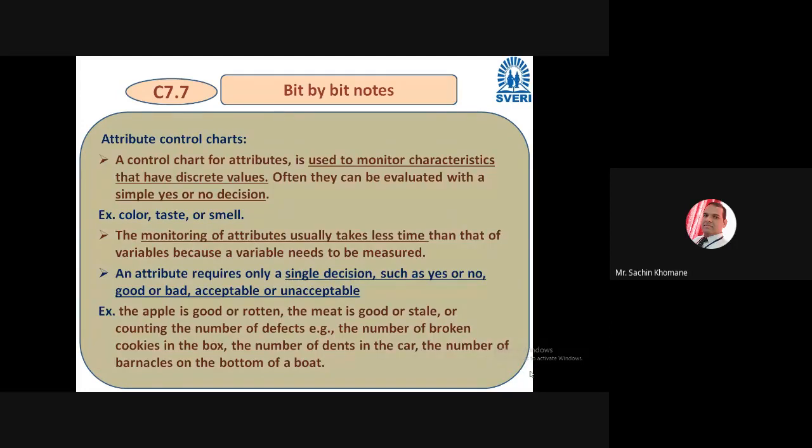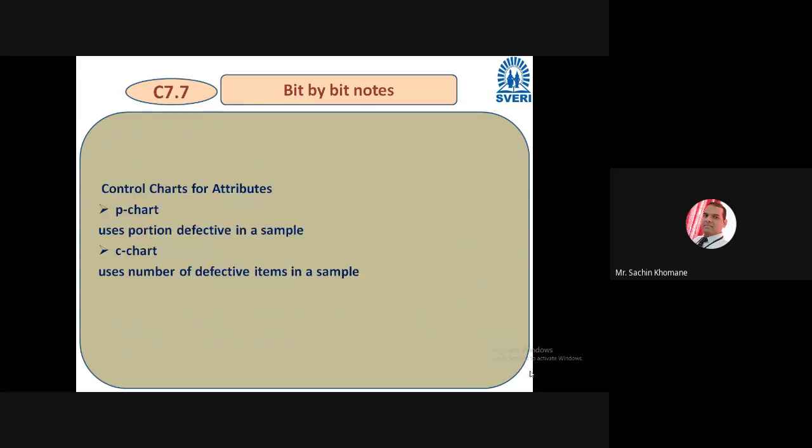Attribute type of control chart we have seen: when we should use it, when answers are in the form of yes, no, bad, good, right, or acceptable, unacceptable. If such answers will be there, then we should go for attribute type of control charts. For example, color, taste, smell. So in that case, we should use attribute control chart.